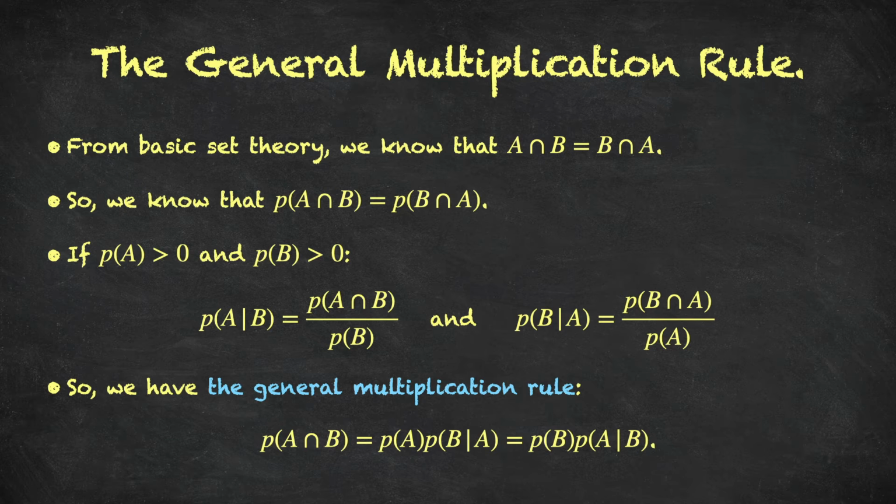So from this, we can very quickly rearrange and derive the general multiplication rule, which is the following.